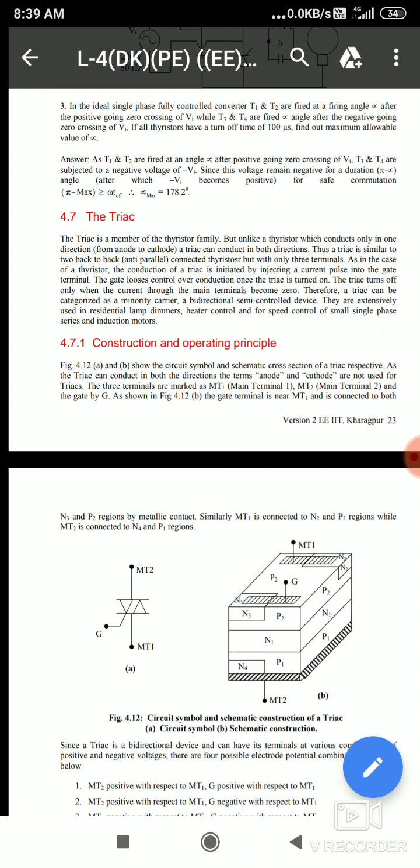The basic construction of the triac is shown in figure B, having five layers, and it is a little bit difficult to draw. Therefore, we can easily draw the basic schematic construction of the triac like this.